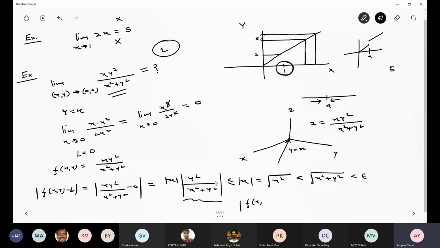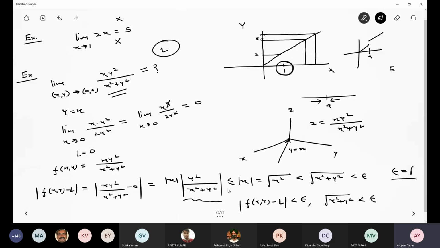Mod f(x,y) minus L will be less than epsilon whenever under root x square plus y square is also less than epsilon, which means here epsilon equals delta, both are the same values. Okay, so haven't we achieved that statement which we have narrated many times?